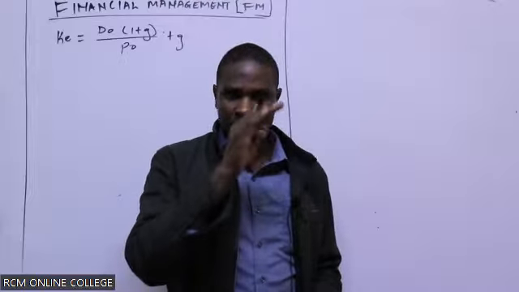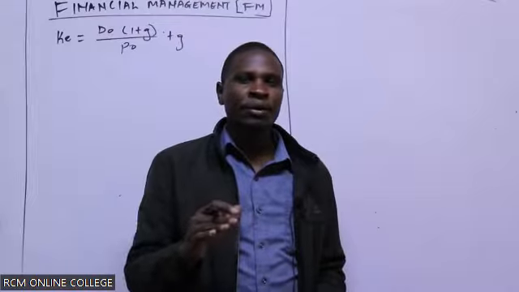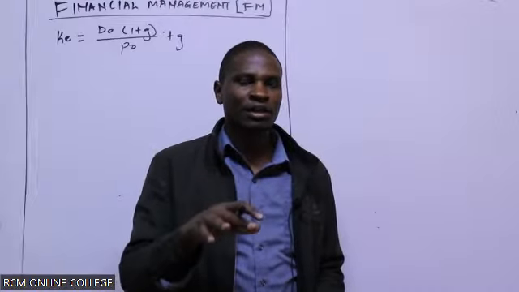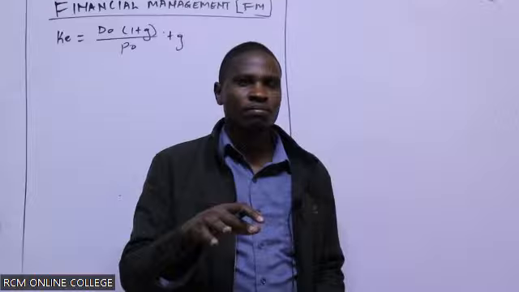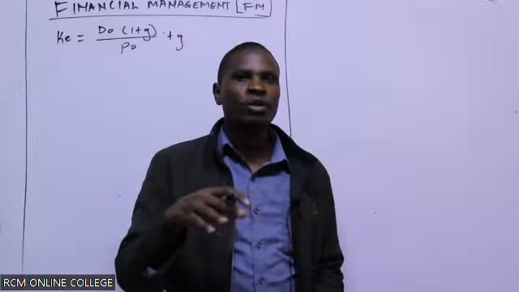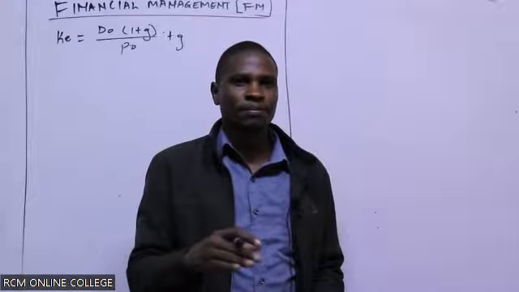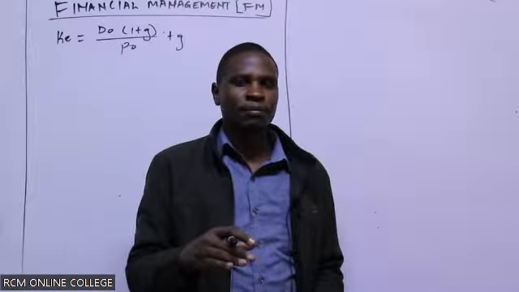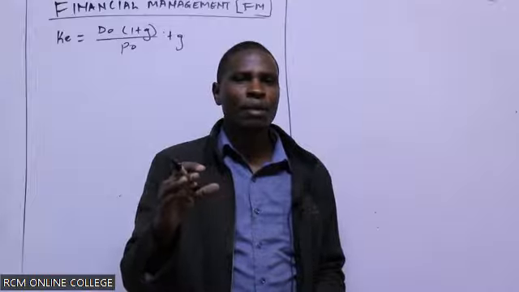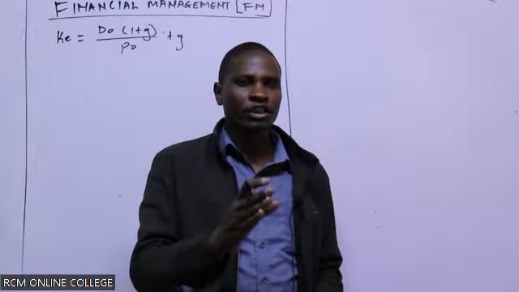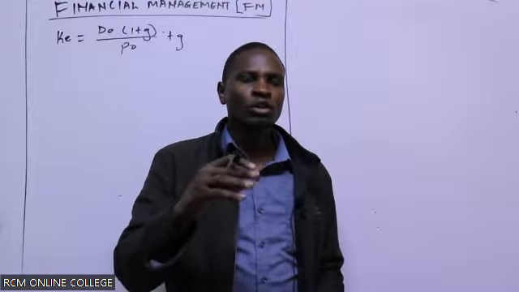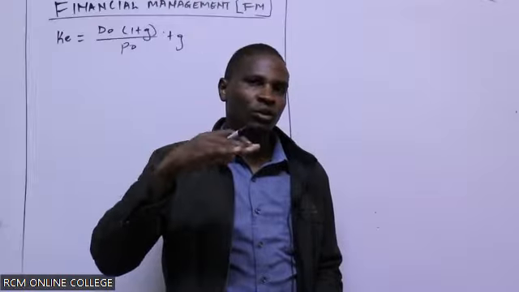Now, I want this to come from you. When we are issuing new shares, I want you to compare the cost of ordinary share and the cost of retained earning and tell me which cost will be higher and which cost will be lower.